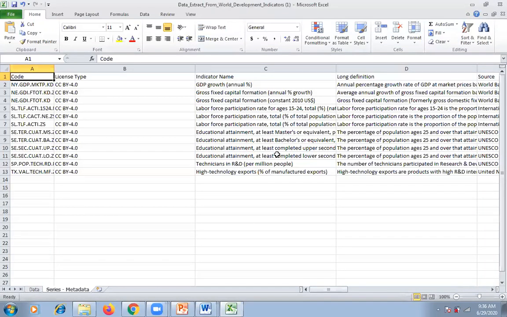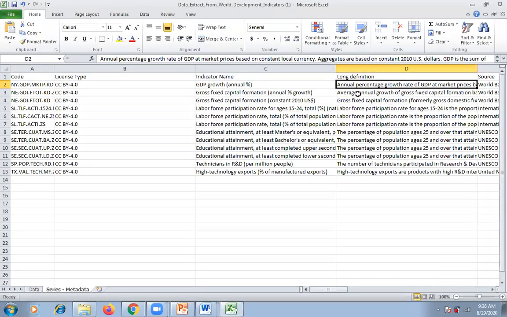After writing the econometric model, you write down the definitions of the data for all variables, such as GDP growth, gross capital formation annual percentage growth. Then all variables' definitions are here. You can interpret in your write-up, in your thesis, in your research paper. You must write the definition and also prepare for the defense.